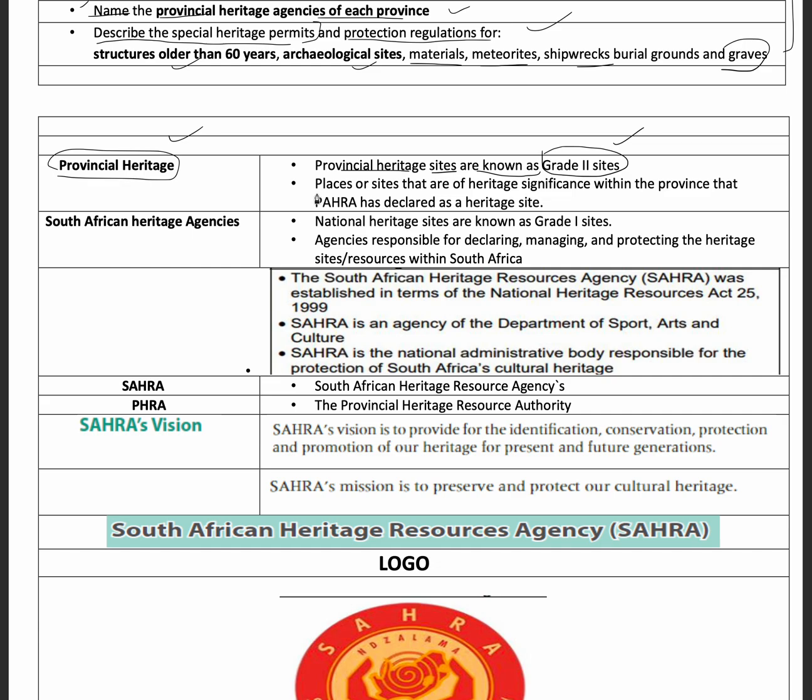A provincial heritage is a place or a site of heritage significance. When you call something significant, it means it is important. So these sites have heritage that is important within the province.